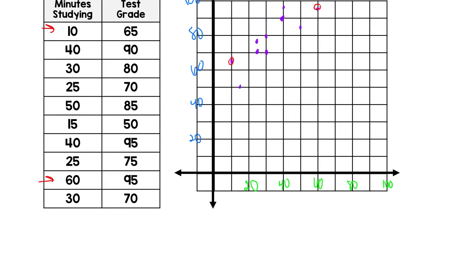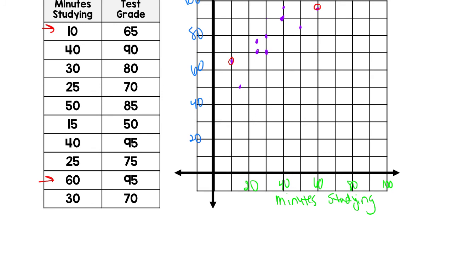Oh, one thing I meant to do. Let's label our axes so we don't get confused. This is minutes studying. Got all my tools everywhere because of the cats.